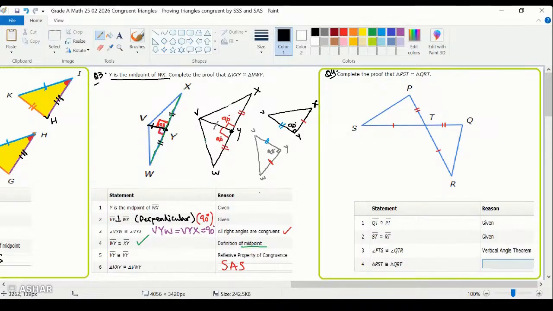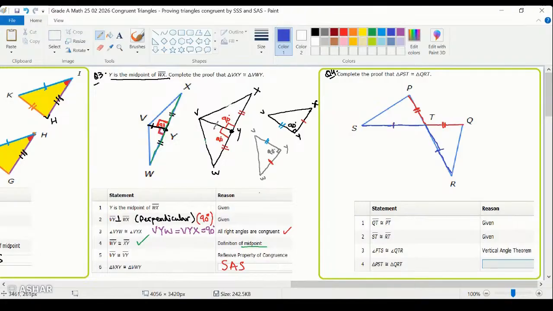What they are saying is this length was equal to this length, whereas this length equals this length.